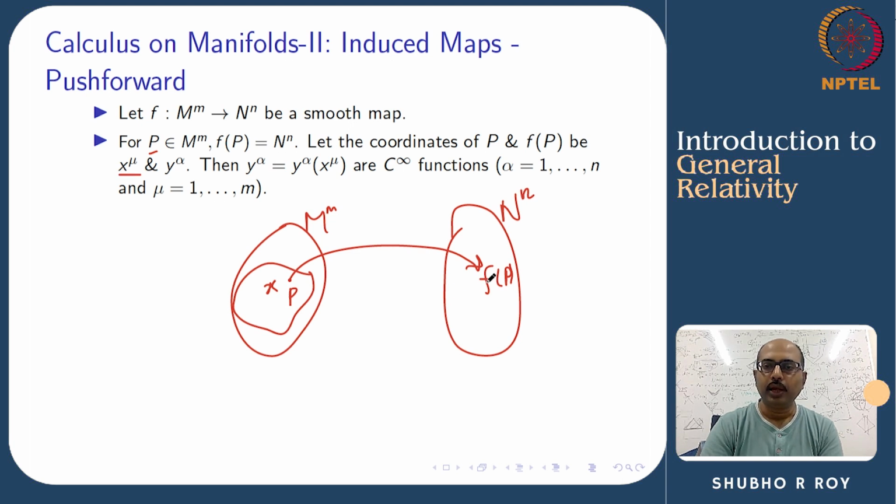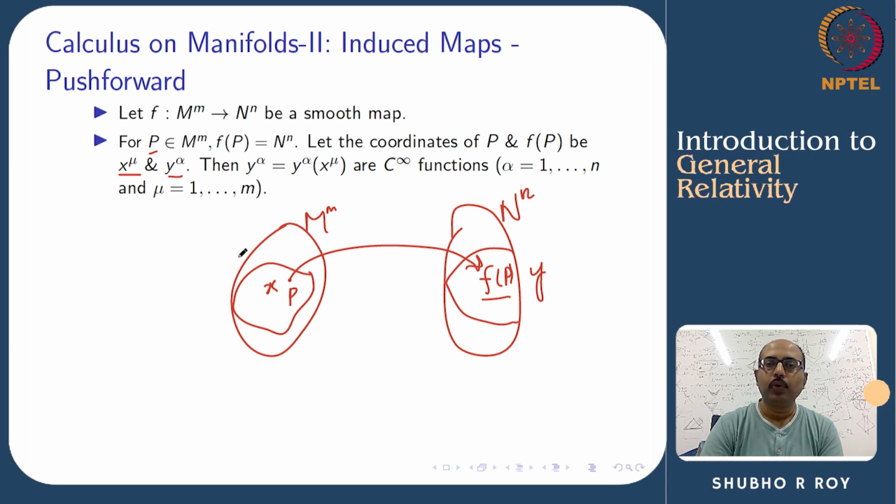All right. And similarly, the image point F of P is covered by some coordinate chart in N, under which the coordinates of this image point are y, a list of n real numbers, and they are indexed by alpha, y superscript alpha.